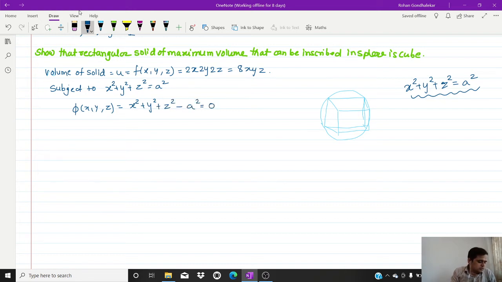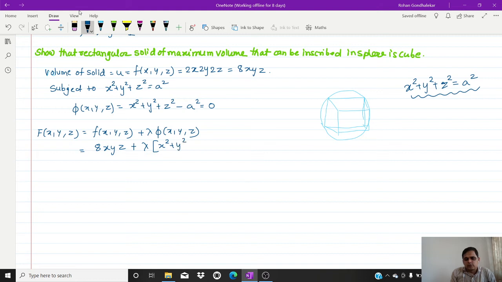Now one can define the Lagrangian function as capital F of x, y, z is equal to small f of x, y, z plus lambda into phi of x, y, z, which is given as 8xyz plus lambda into bracket x square plus y square plus z square minus a square is equal to 0.